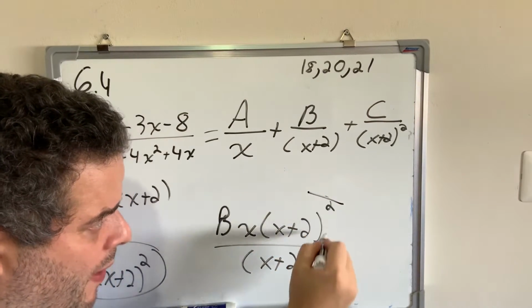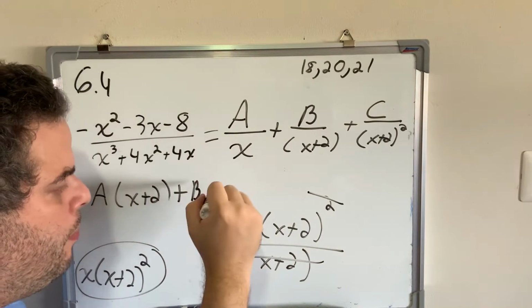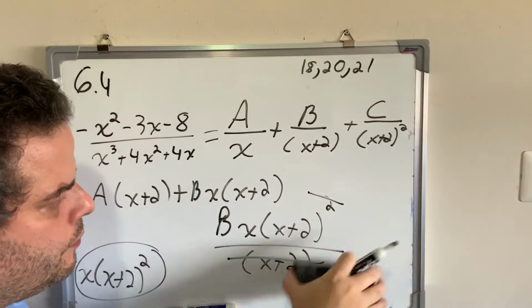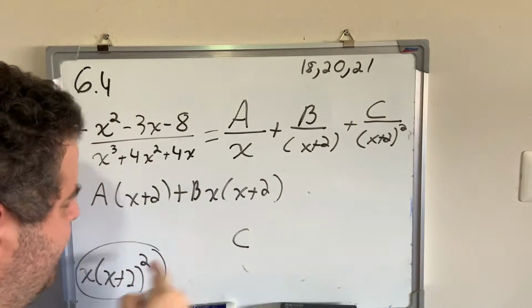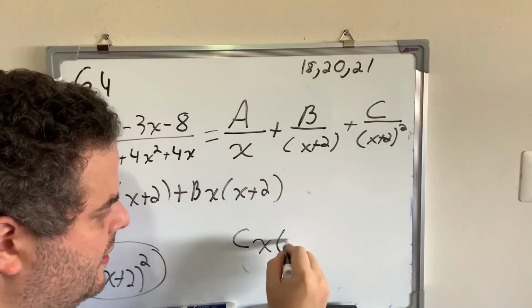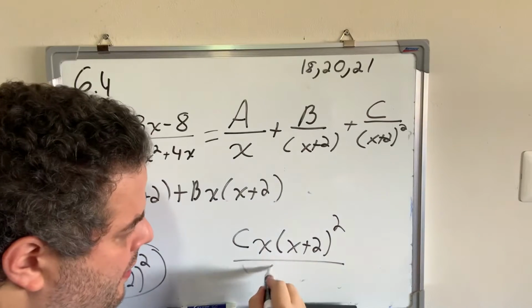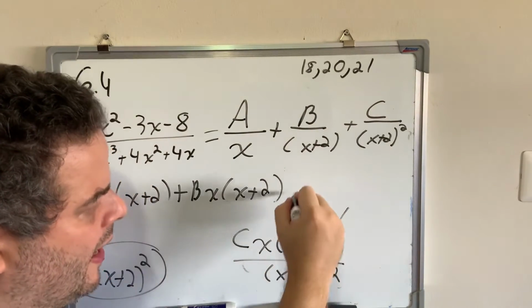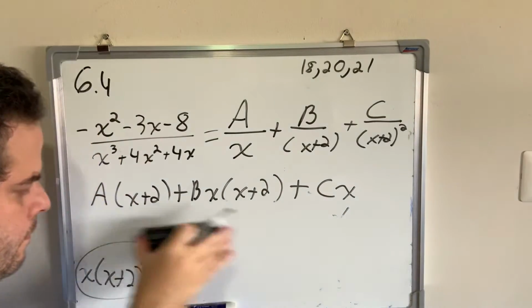I simplify, the square goes away and this goes away. And I'm left with b times x times x plus 2. When I multiply c by my lowest common denominator, and then divide by x plus 2 squared, this goes away, and you're left with plus cx.